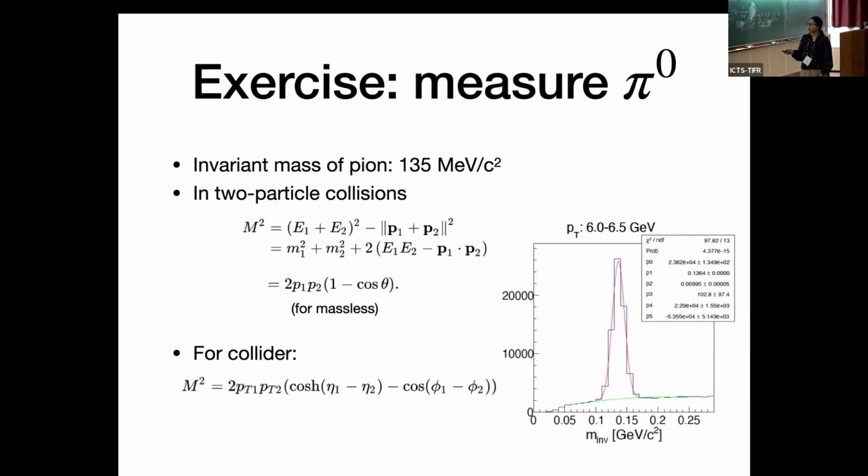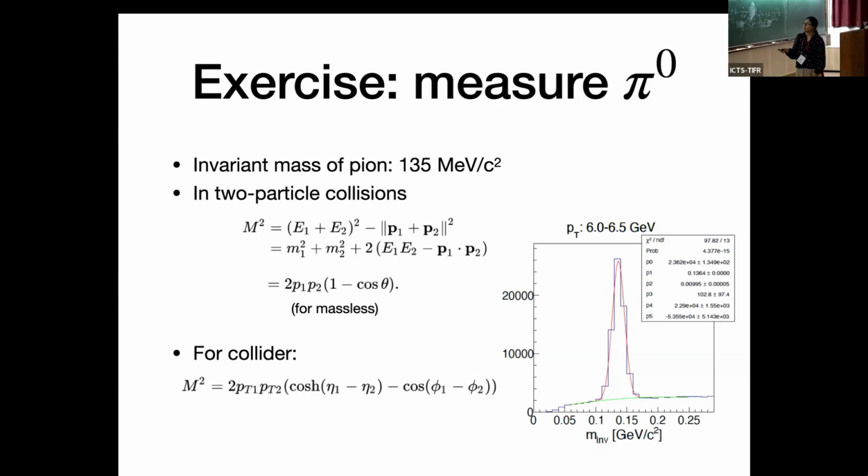This is one example of reconstructing the invariant mass of the two photons. You can see the peak is around here, and this value should be around the pion mass. Which one? How much? Yeah, around 135. That's 135, okay?